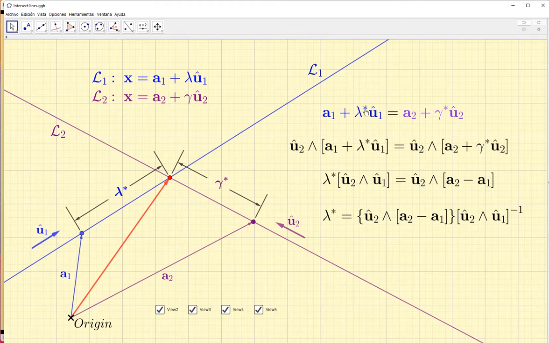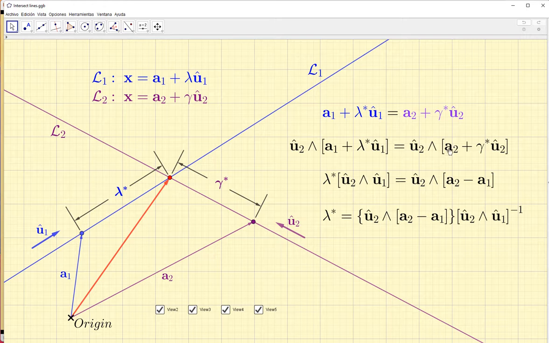And we want to find out lambda star, and if we know lambda star, that's enough to find this point. So how can we eliminate gamma star? Well, the way we do that in geometric algebra is to take the outer product of u hat 2 with both sides. Now, why do we do that? Well, the outer product distributes over the sum of vectors.